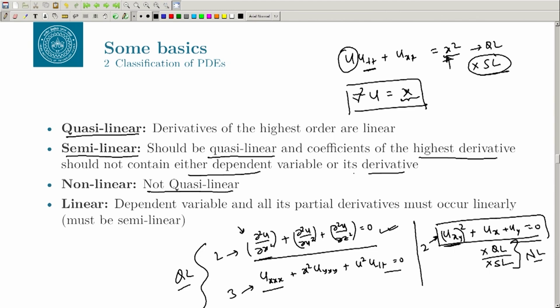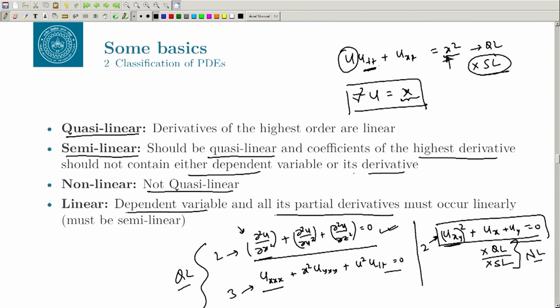The linear equations are very simple. The dependent variable and all its partial derivatives must occur linearly. The precondition is that it has to be quasi linear and semi linear, and the derivatives should not be multiplied by the dependent variable, and only then can it become a linear equation.